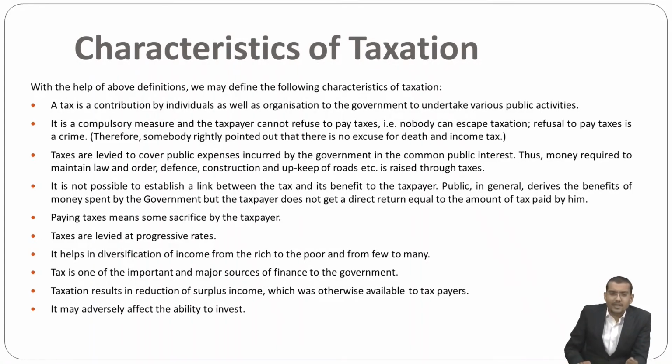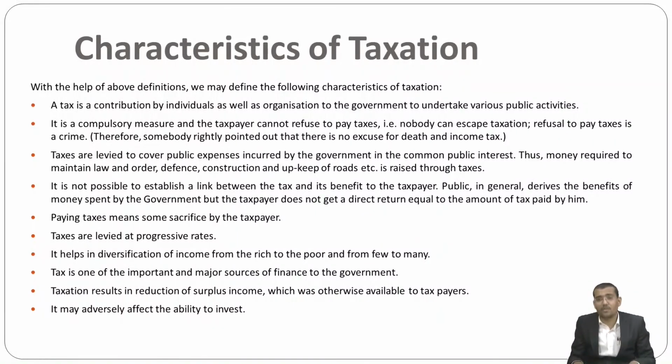The next characteristic is that it helps in the diversification of income from rich to poor and from a few to the many, as defined by the dictionary. Then tax is one of the important and major sources of finance to the government. Yes, my dear friends, for public revenue, tax is a major source of revenue to the government.